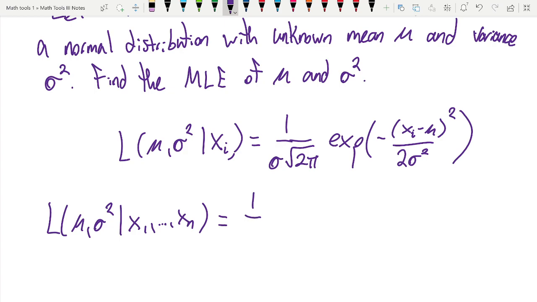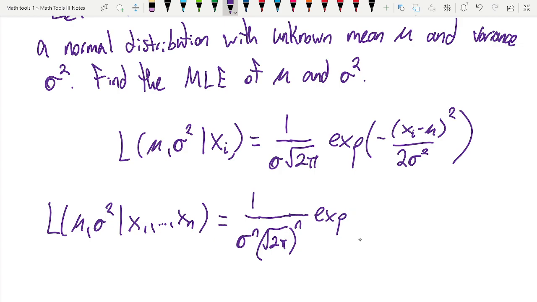Well, that's going to look like 1 over sigma to the n, because we're going to have 1 over sigma times 1 over sigma times 1 over sigma, n times. You can add the exponents together there. Root 2 pi to the n by the same logic.